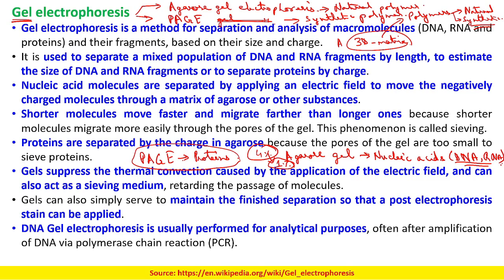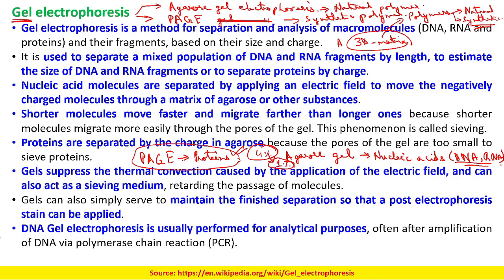Due to these reasons, we use PAGE for proteins, and we use Agarose Gel Electrophoresis for DNAs and RNAs.